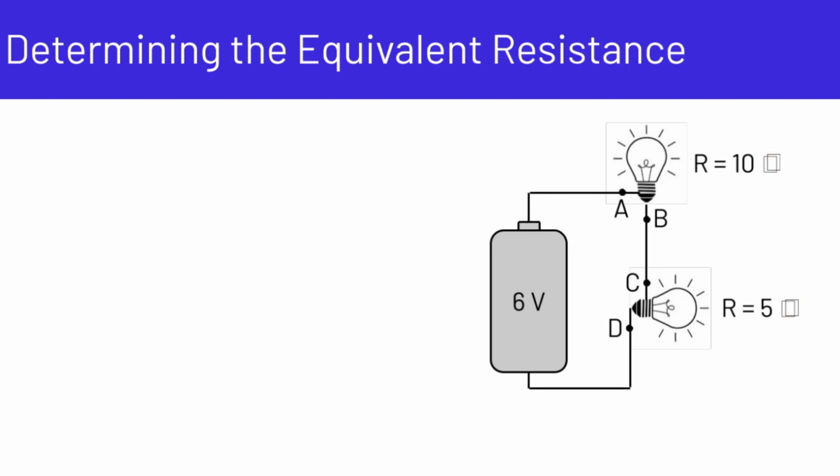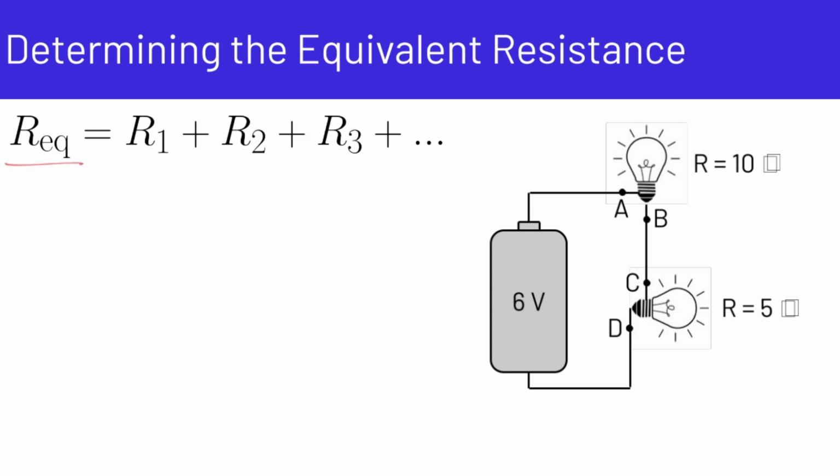All right, let's talk about how we determine the equivalent resistance in a circuit. Again, we have the equation for equivalent resistance: Req is equal to R1 plus R2 plus R3. In this example, we have two resistors. We have a light bulb with a resistance of 10 ohms and another light bulb with a resistance of 5 ohms.